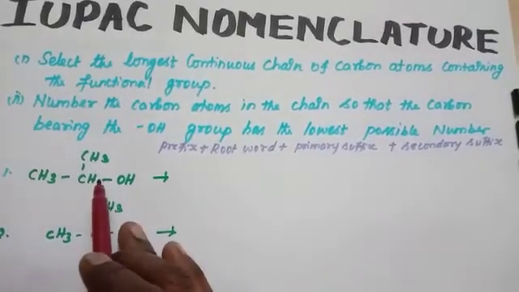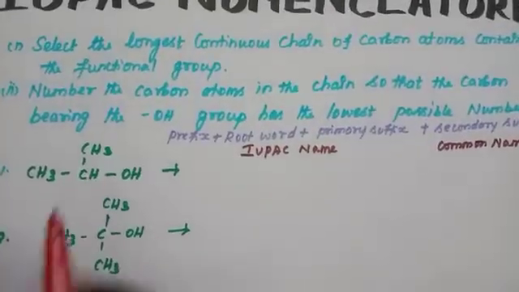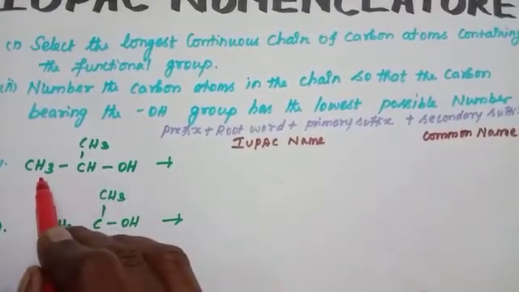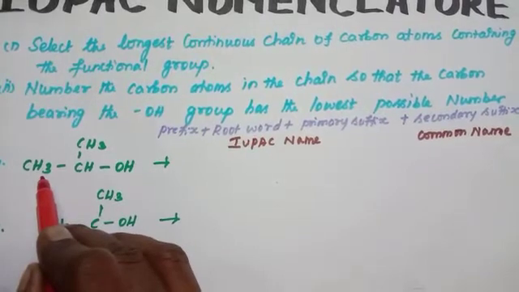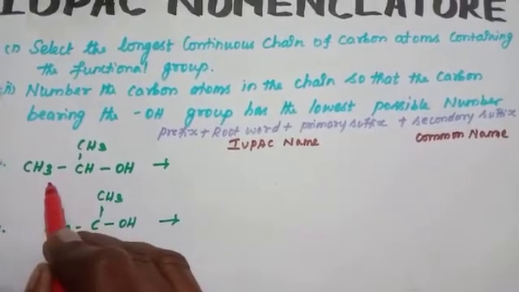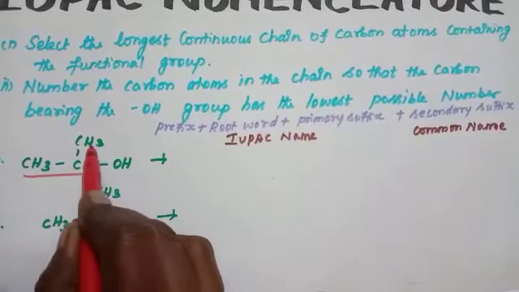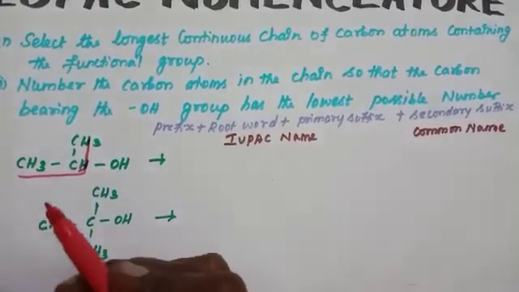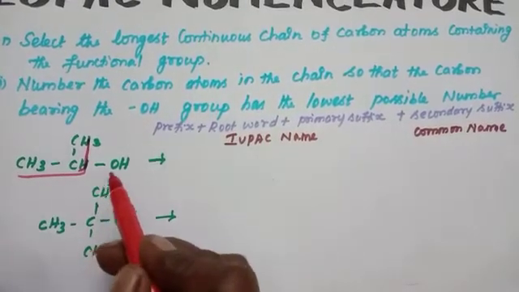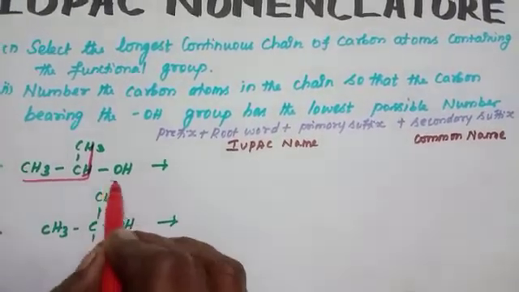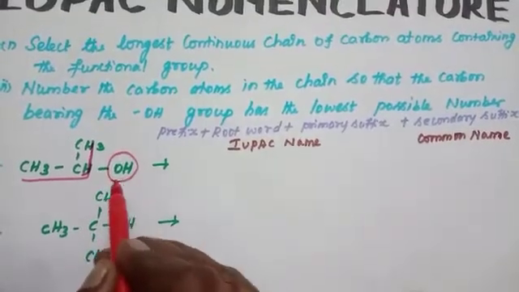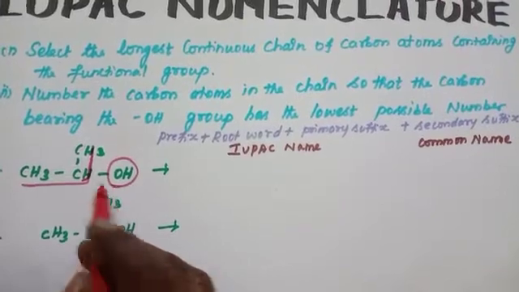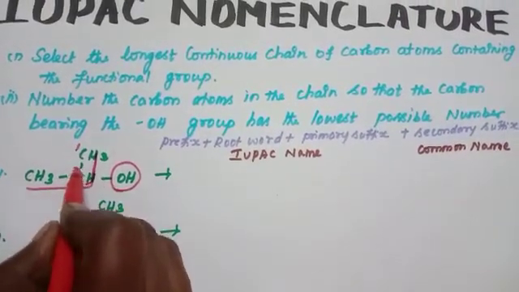The first one is this compound. According to the rule, we have to select the longest continuous chain of carbon atoms containing the functional group. So this is the longest chain. Second, we have to give the number to the carbon atoms so that the carbon bearing the OH group gets the lowest possible number. So 1, 2, 3.